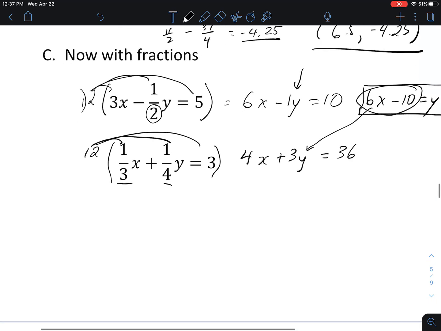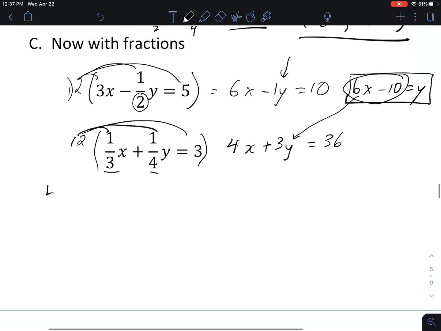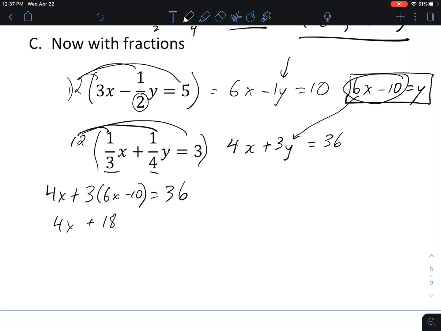And that's my first step. I've isolated y. And now this is going to go here. So I'll have 4x plus 3y is 36, except y is 6x minus 10. 4x plus 18x minus 30 is 36.